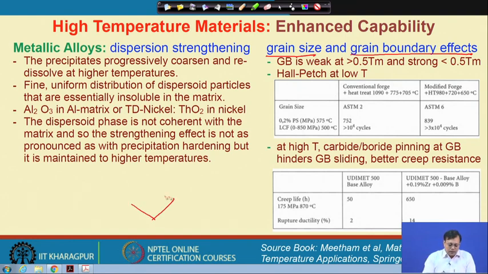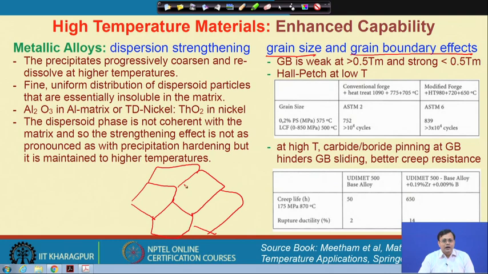However, in a base alloy there are grains, right, and once these grains are exposed to higher temperature, grain growth will occur, because the grain boundary will migrate by diffusion. So, the grain boundary has a positive effect at lower temperature, because the grain boundary is strong at a temperature below the homologous temperature, or equicohesive temperature.